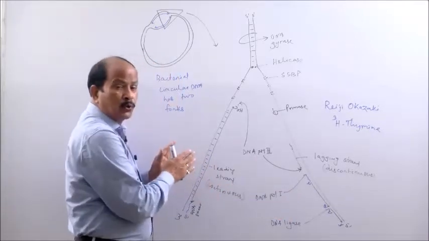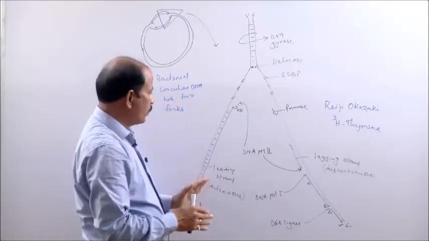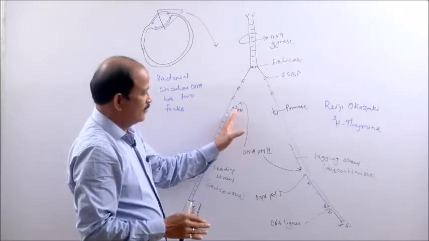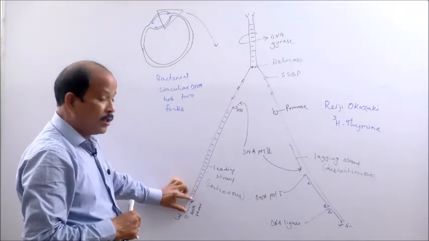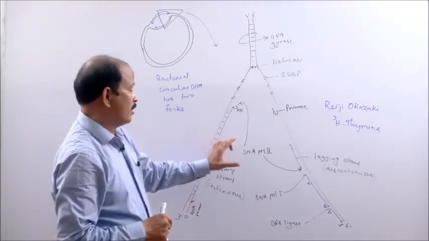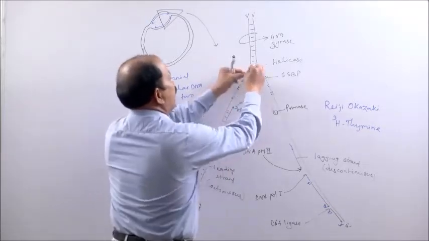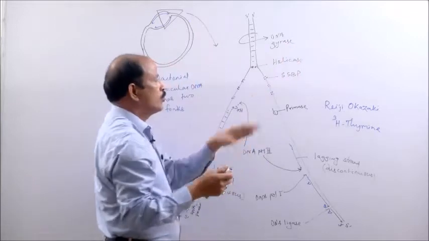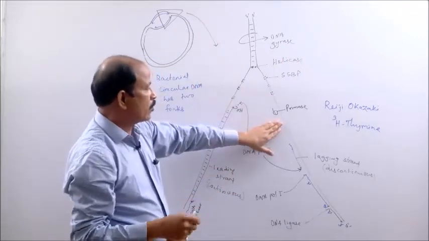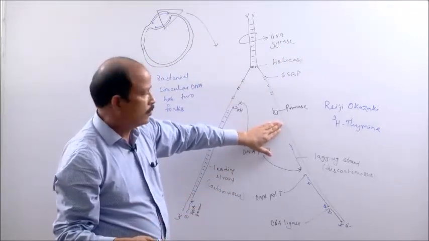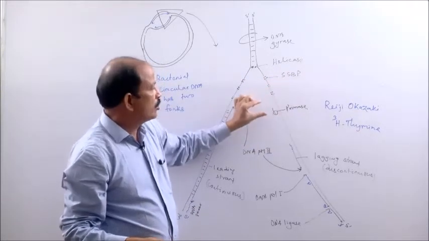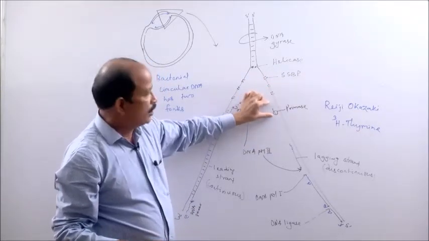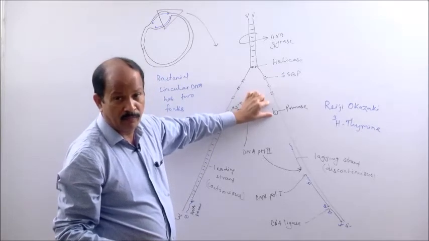Now there is absolutely no problem in this strand, but look at the other strand. Here priming is needed. Similarly, as the fork moves ahead and the opposite strand template is available, the primase enzyme synthesizes a primer. It is also an RNA.